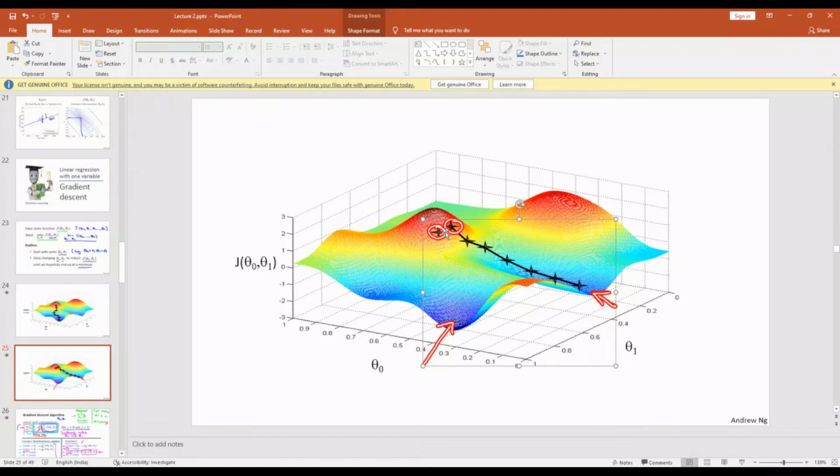This kind of minimum is known as a local minima, which is a minima of that plane, but it is not the place where the cost function is minimum. There is still scope.